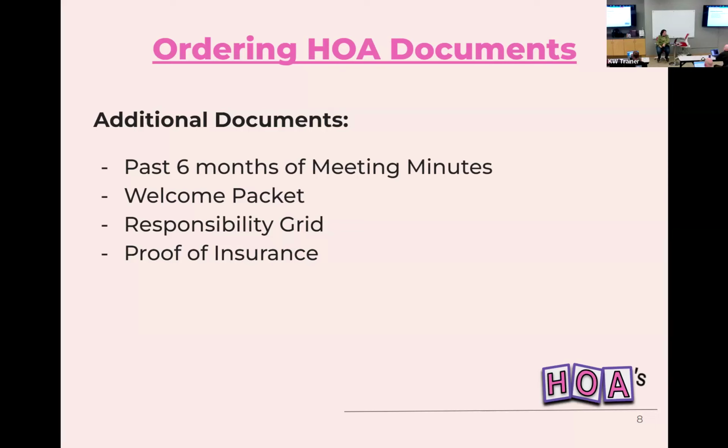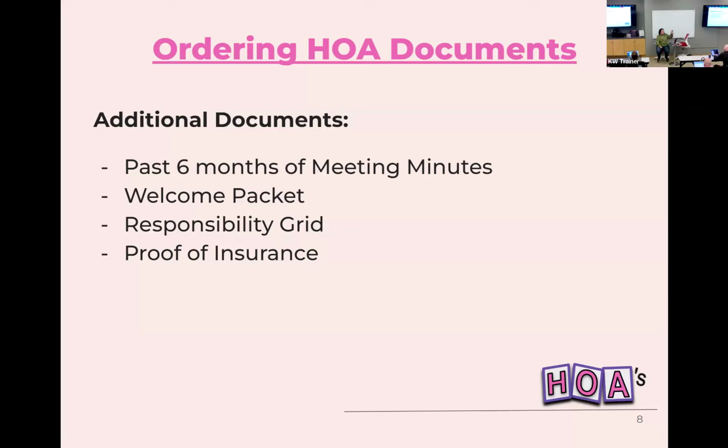Not super into what they've done, but one thing too is the responsibility grid, which I think is awesome. Not a lot of places do this. Have you guys seen these? It literally lists out roof, foundation, siding, windows, and it says who's in charge of the maintenance of it. Is it the homeowner or the association? Who's in charge of replacing it?